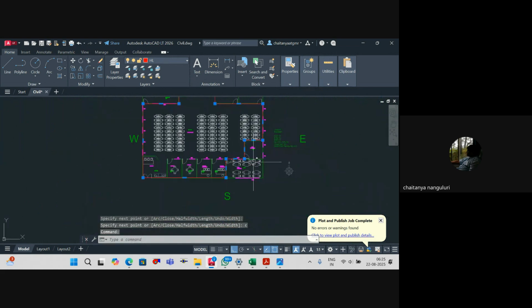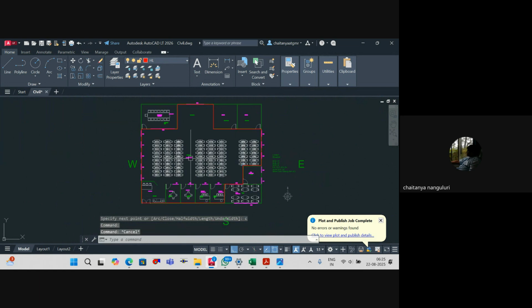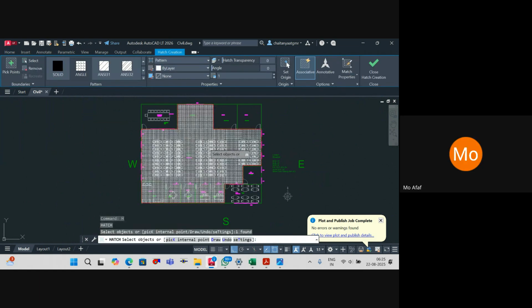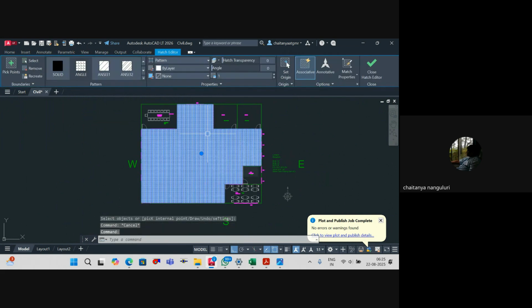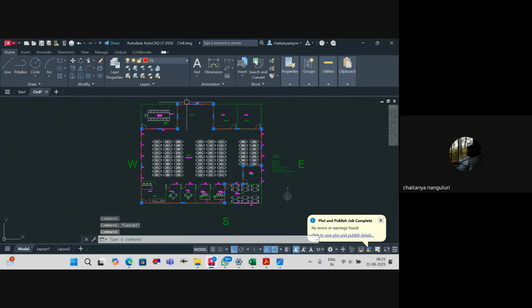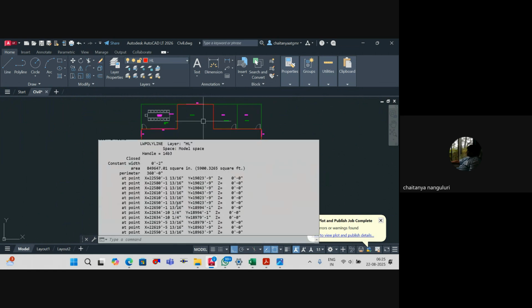Don't you think this is the total area that I have to air condition? Yes. So let's calculate this area. We just use the list command. So you'll know the area, which is 5,900.3 SFT.